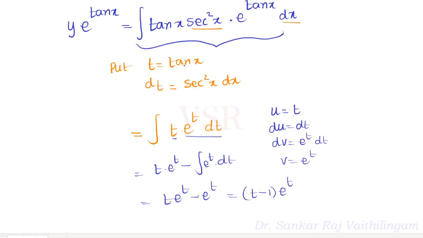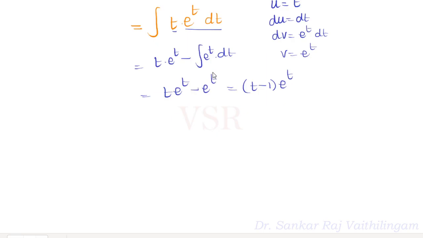இப்போ t க்கு பதிலா என்ன போட்டுக்கணும்? You can substitute t as tan x. அப்போ what you will have, this is equal to tan x minus 1 into e to the power tan x.